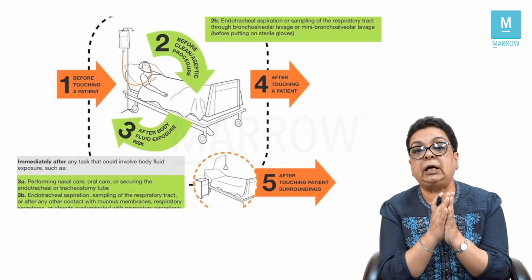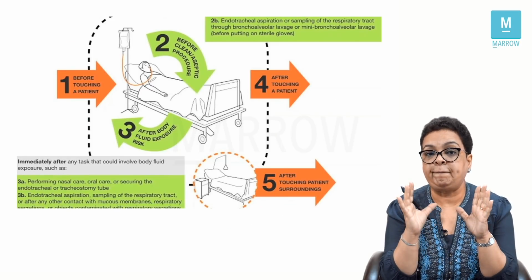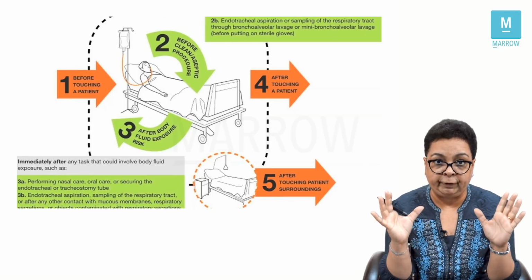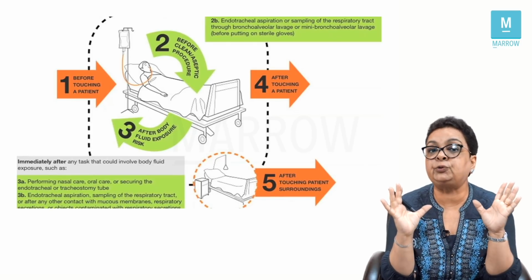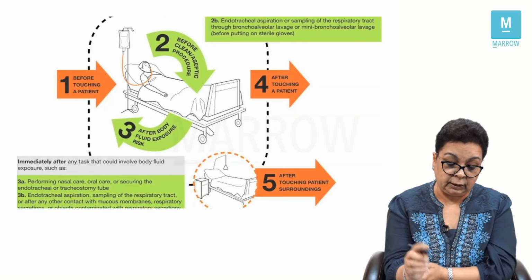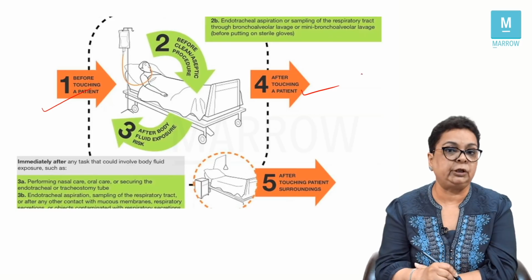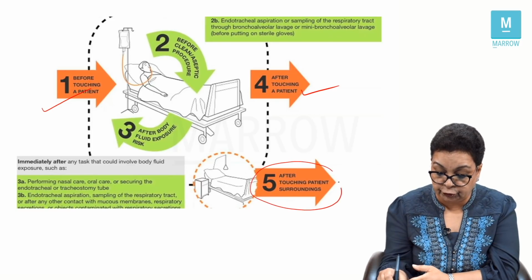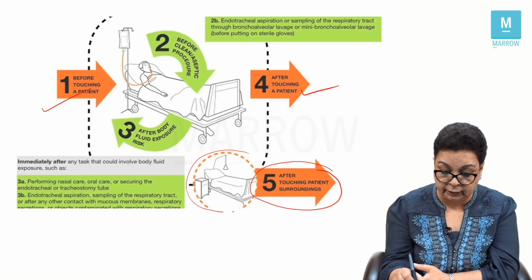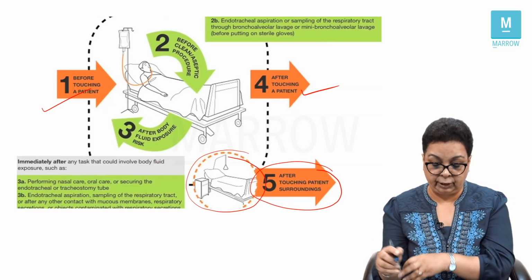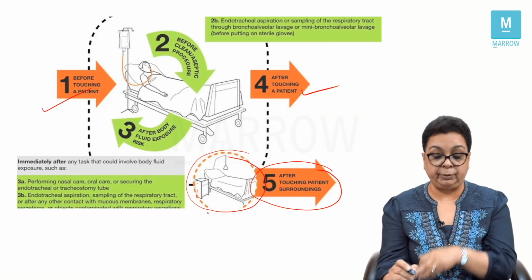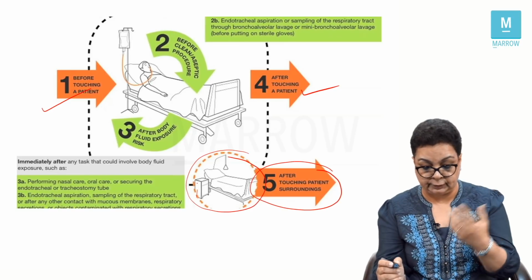Moving on to WHO's 5 moments of hand hygiene, 3 of which were mentioned in our options. These are before touching a patient, after touching a patient, after touching the patient's surroundings. Look at all these. The bed rails, this table of the patient, all these would be patient surroundings.